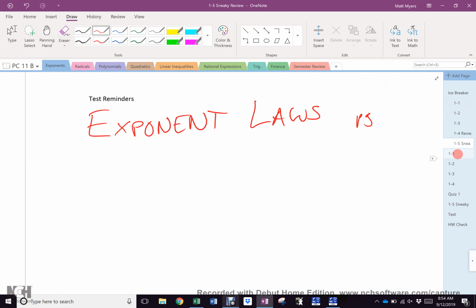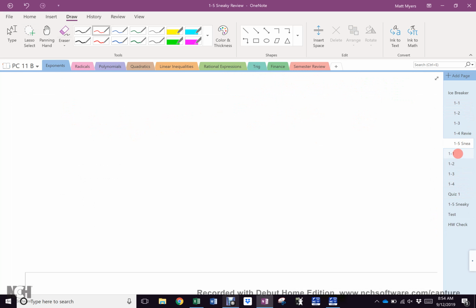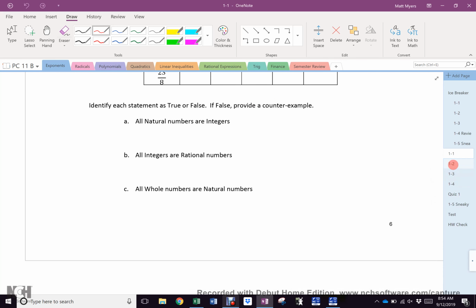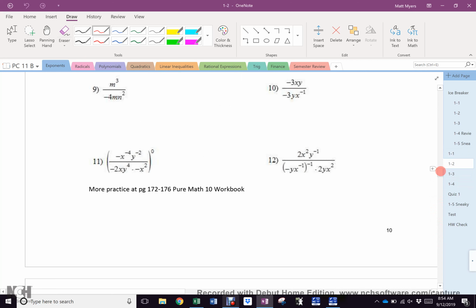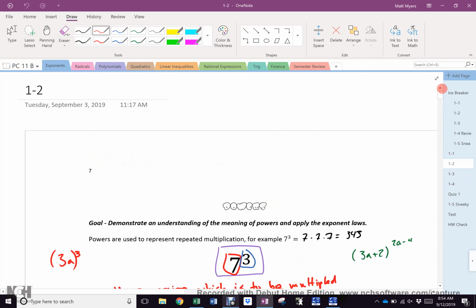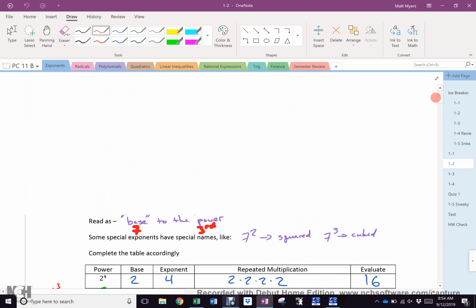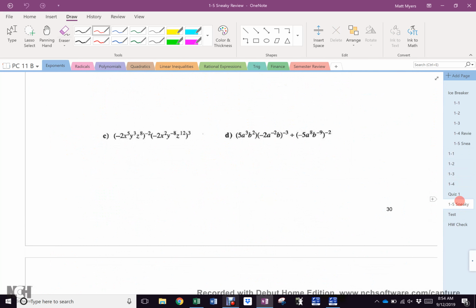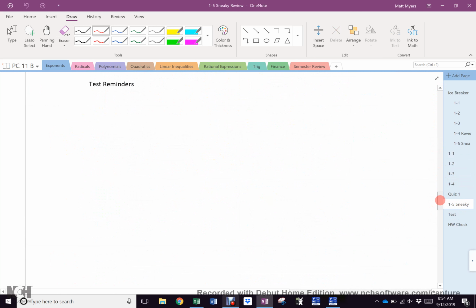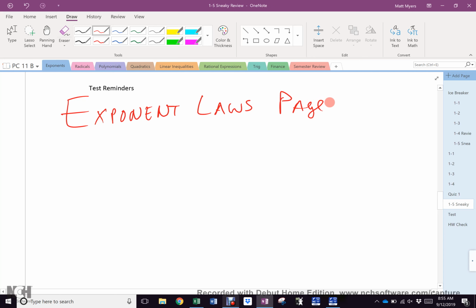Page 8. You need to have them locked in your head.